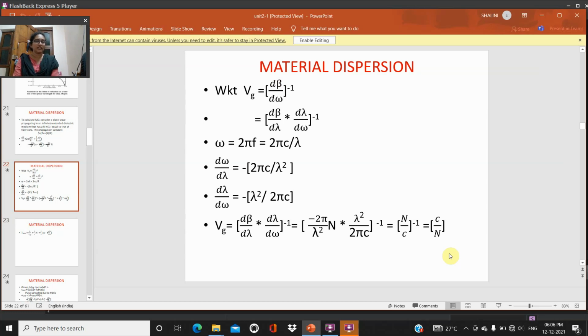We are differentiating omega with respect to lambda, and by differentiating the above equation, the resultant will be like this. d beta by d lambda we have already known, but we are differentiating d lambda by d omega.